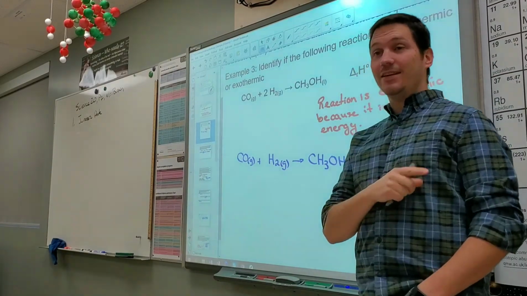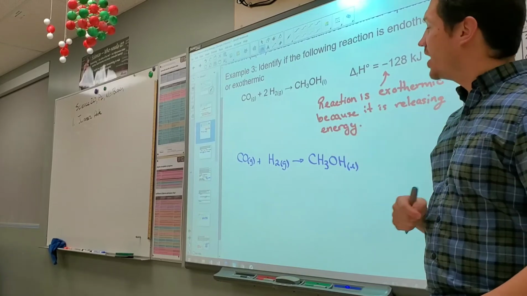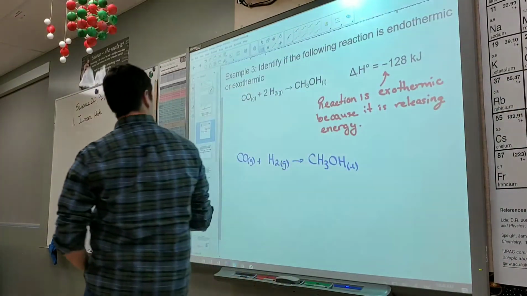Now, this is the exact same chemical reaction, except I'm going to change the coefficients.